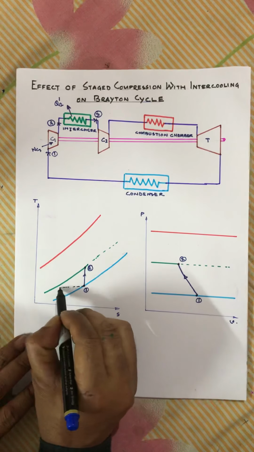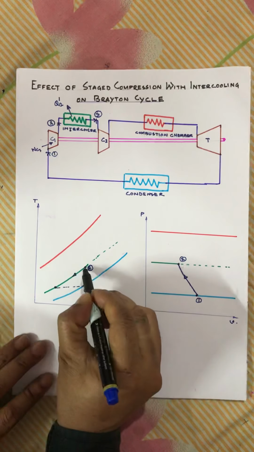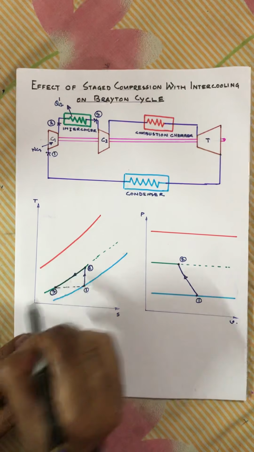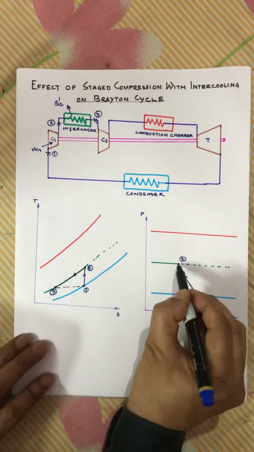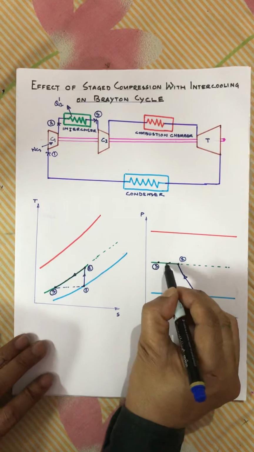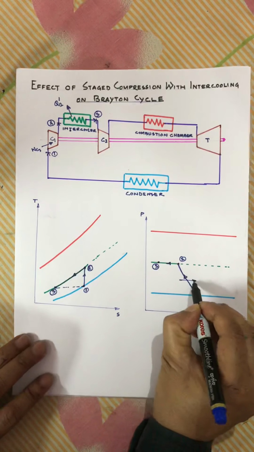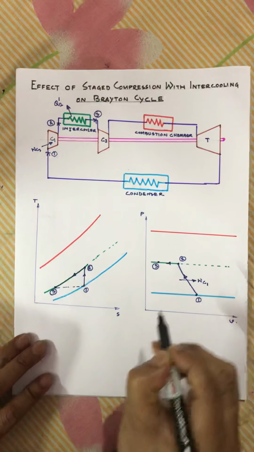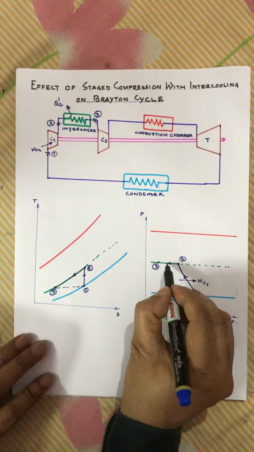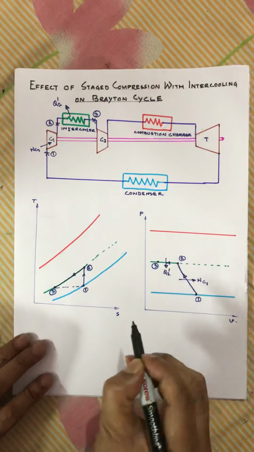So this is the 2 to 3 process in the TS diagram, and this is the 2 to 3 process in the PV diagram. So this is the compression process where we have to invest some work, and the 2 to 3 process is a heat rejection process by an amount of Q2 dash.